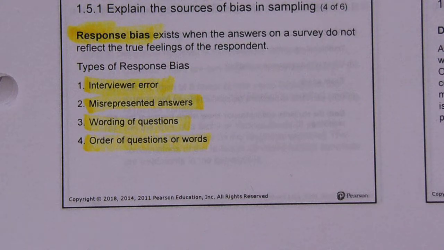Are you in favor or not in favor of raising taxes for education? So sometimes if you switch that around, are you not in favor or in favor? People tend to choose the first one more than they do the next one. Okay, so that would be a response bias.